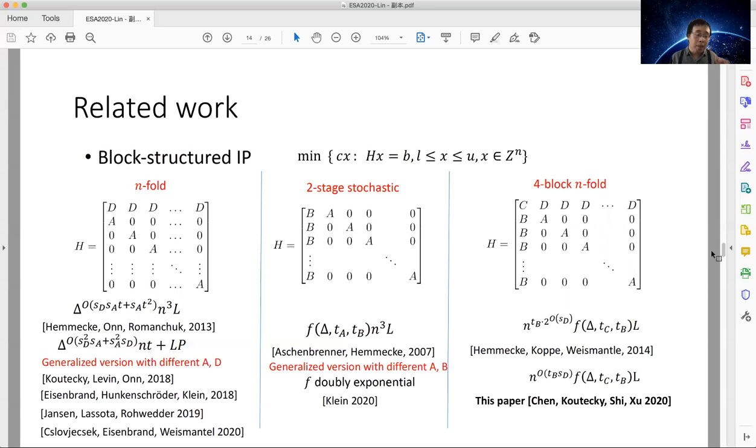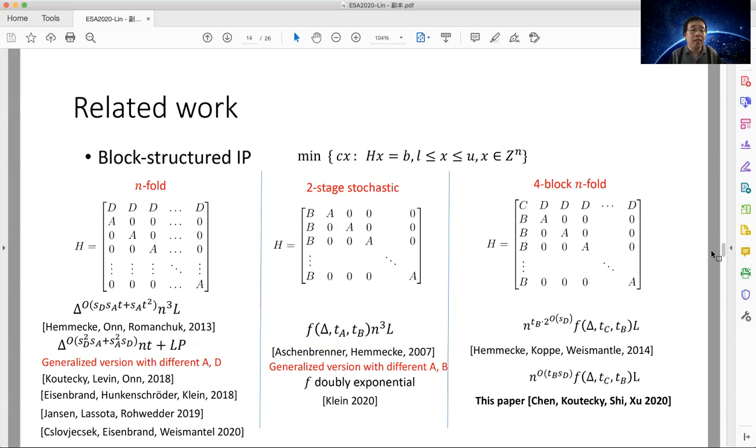When I talk about an FPT algorithm, we mean an algorithm parameterized only by small submatrices, that is, by parameters that only depend on the small submatrices A, B, C, and D. Here is a summary. We use S to represent the number of rows and T to represent the number of columns, and by delta we mean the largest coefficient among all the entries.